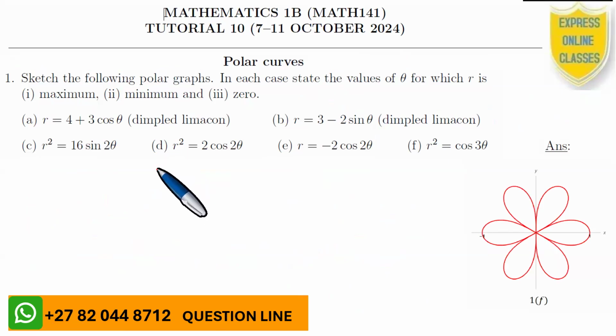Right, so F now, we'll play around with it. We're going to look at the maximum. It's going to occur when cosine 3 theta is 1, which means arc cosine 1.